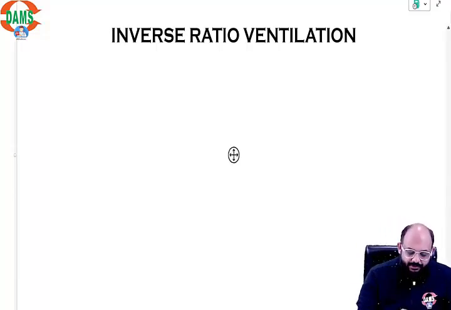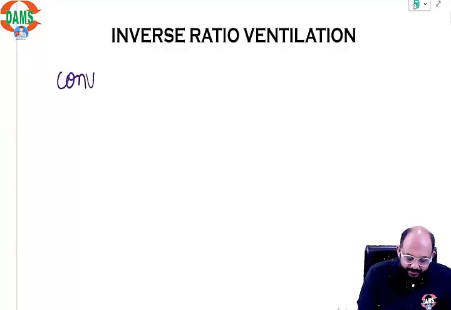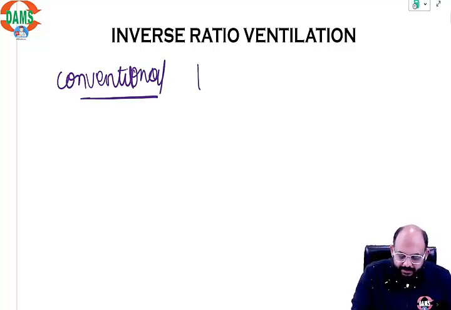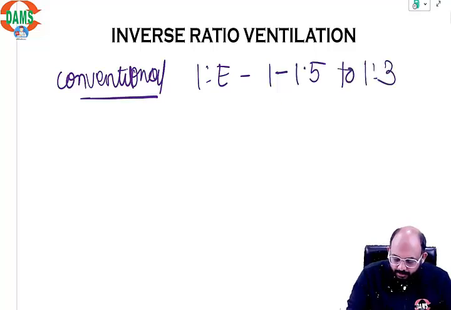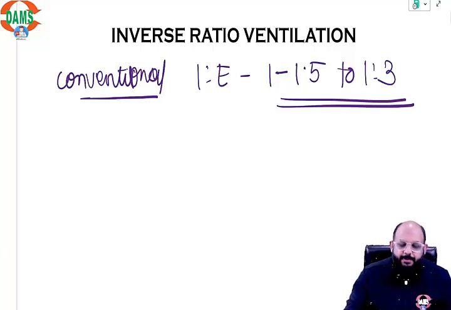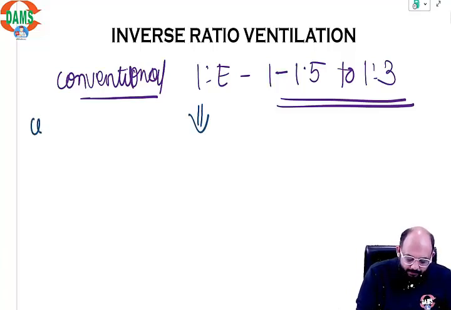Inverse ratio ventilation. So conventional ventilation has an inspiratory-expiratory ratio between 1:1.5 to 1:3. So you give higher time to expiration and lesser time to inspiration. Expiration is passive. Now, what is the concept?